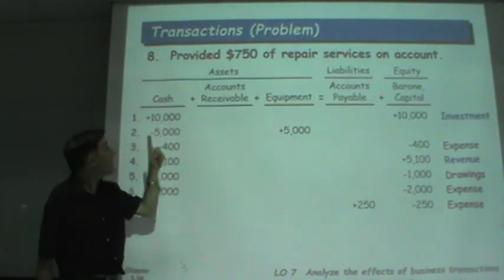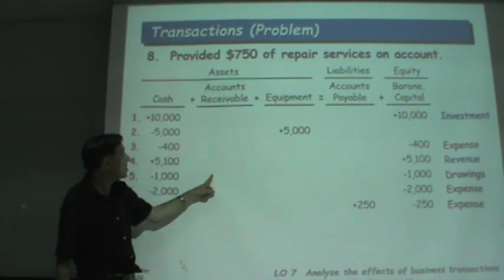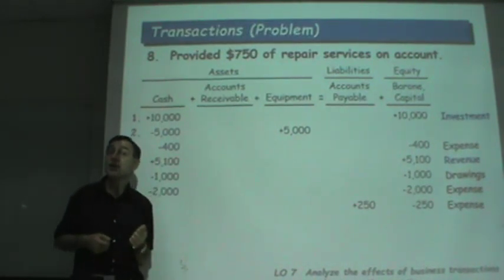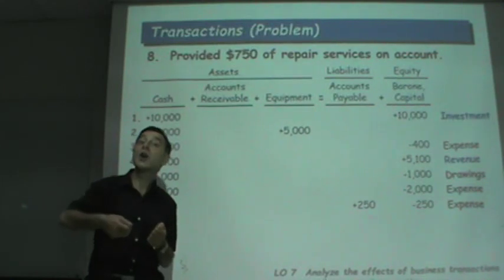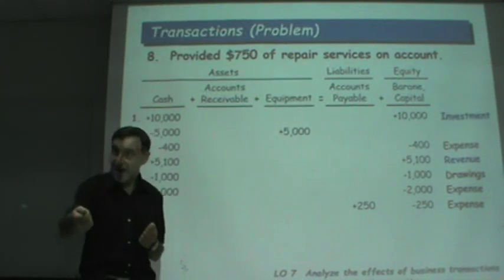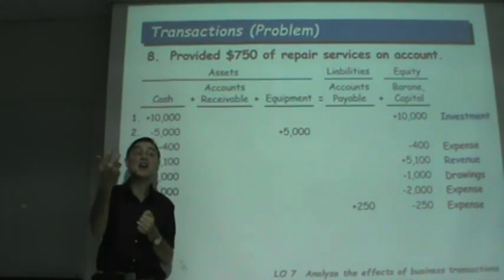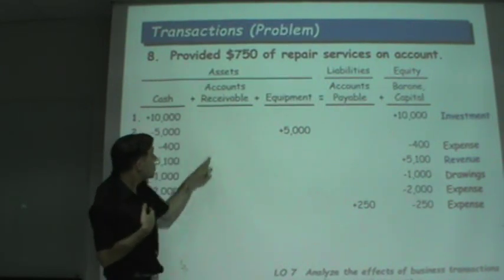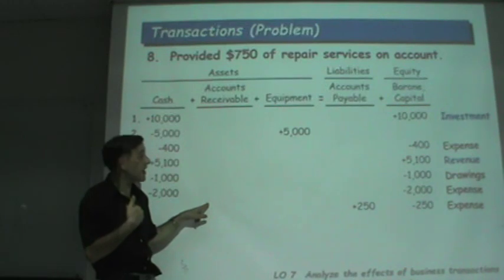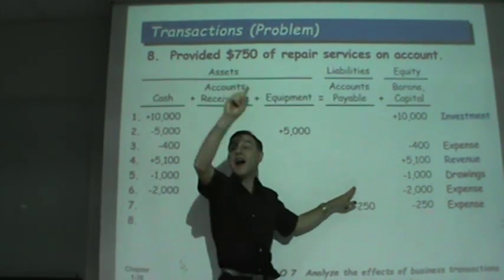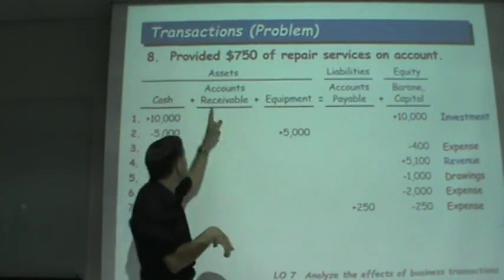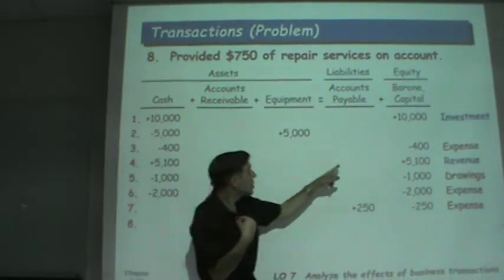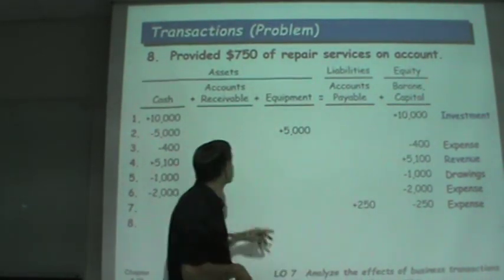If it's on account, it's here. Accounts receivable is when you provide goods or service, and you will be collecting the money later. So this is you, the business gets paid later, and this is you pay others later. So this others pay you, and this you pay others.